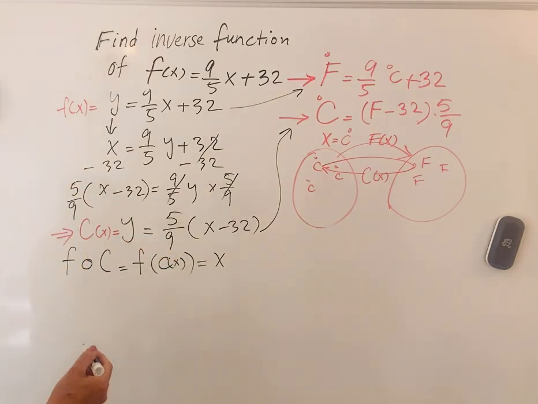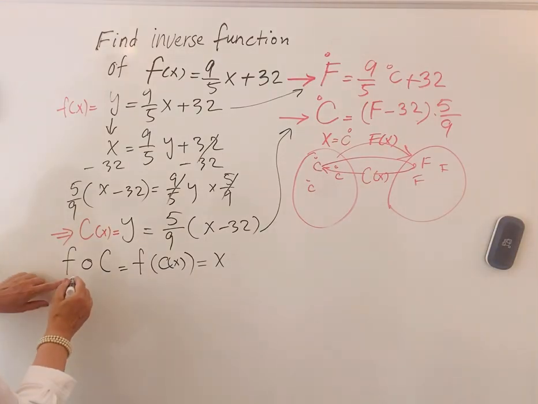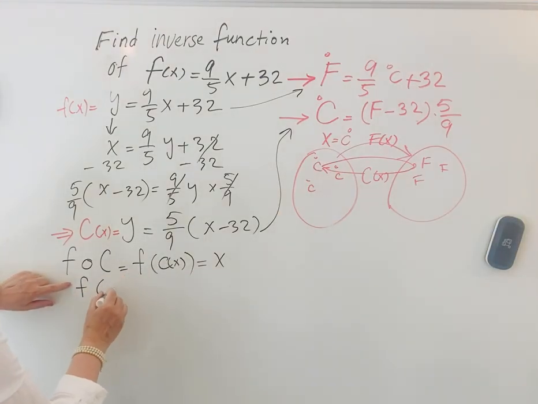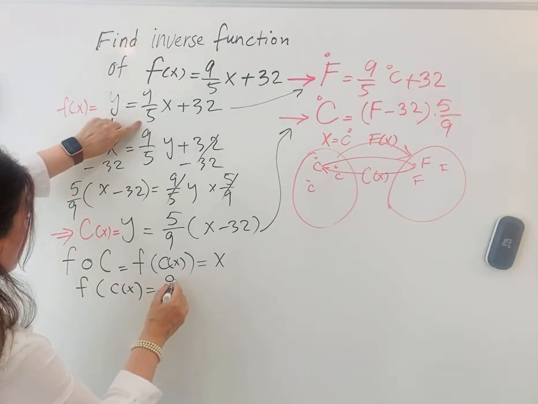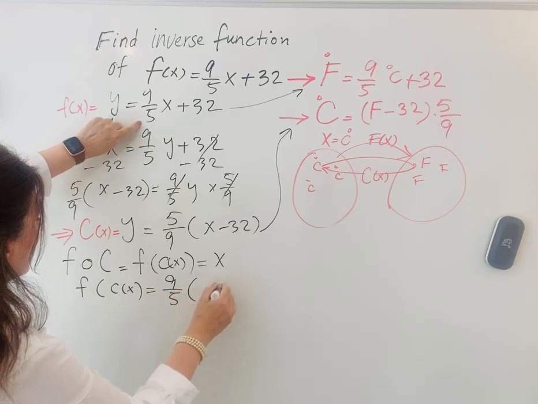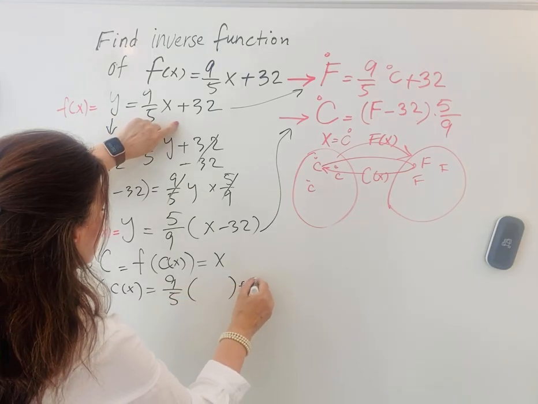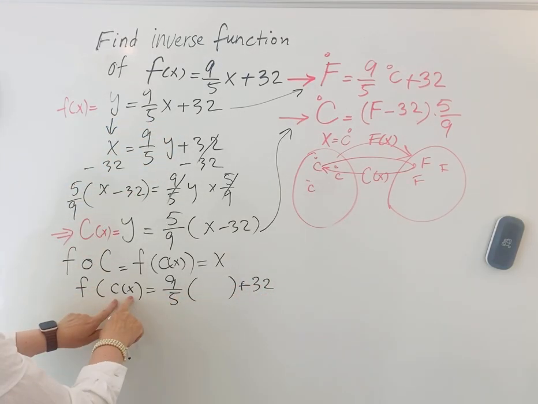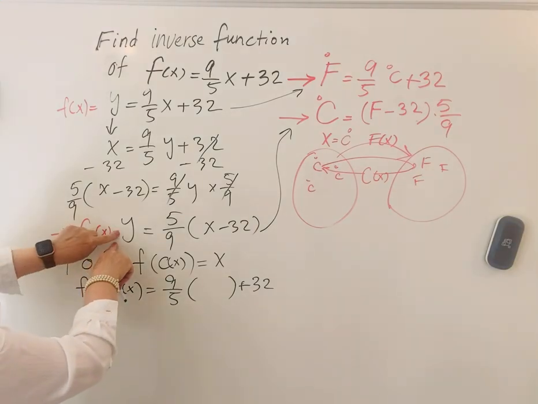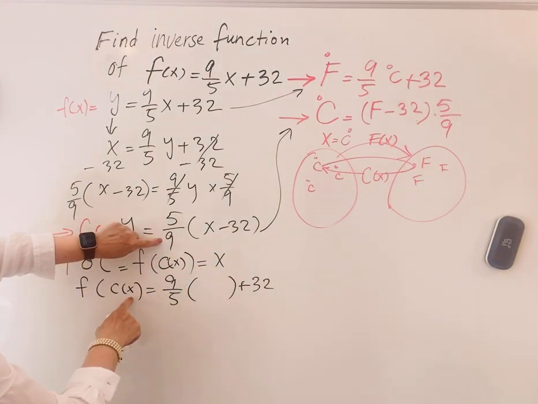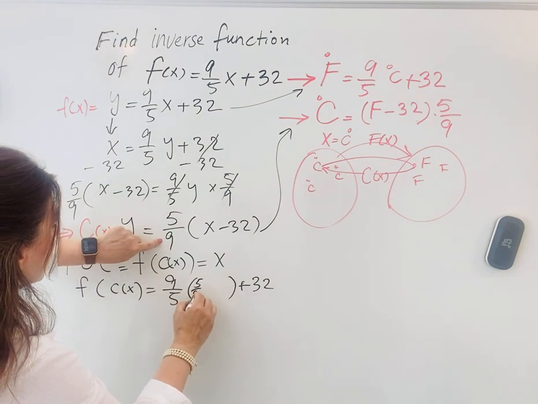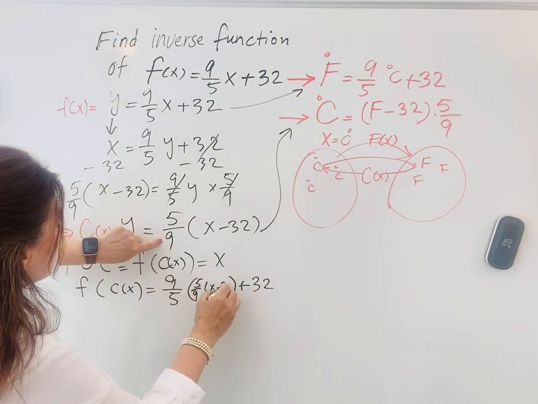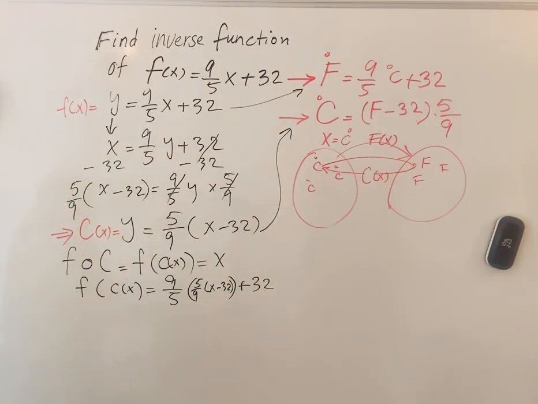Okay, how can we do this? F of c of x. What is f? F is 9 over 5 times x plus 32. But what is x? X is c of x. C of x is this, right? For x, we write 5 over 9 times x minus 32.